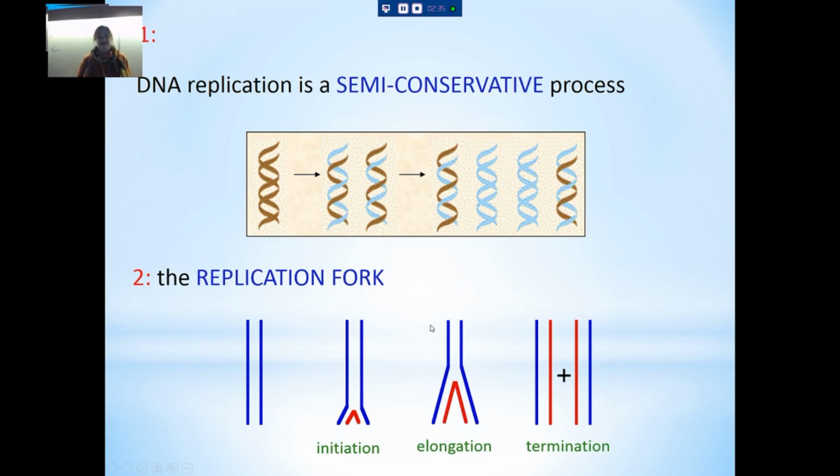And that elongation process occurs until the DNA molecule is copied. I'm not sure how well this shows up from the back of the room, but this is something I drew for one of my upcoming slides.